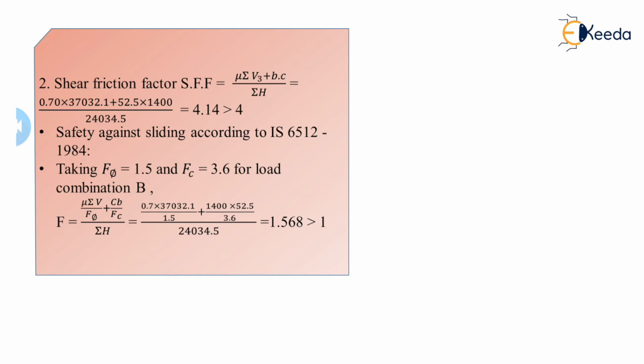Again, if we want to check the safety against sliding according to IS code 6512-1984, and if we take the F value as 1.5, F5 and FC value as 3.6 as per the load combinations which are given and which we discussed earlier, then by substituting in that manner, we finally find the sliding factor as 1.568, which is greater than 1.